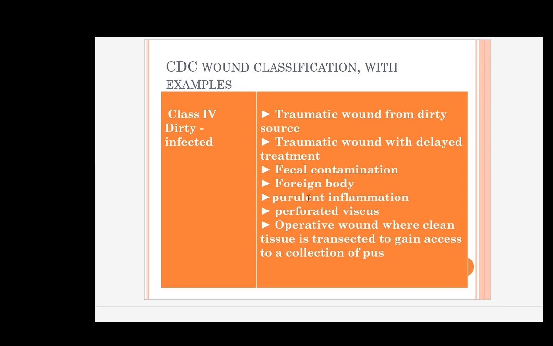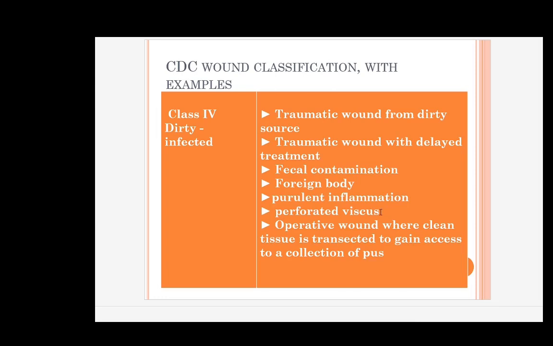In the surgical parlance, when we operate on a patient who already has fecal peritonitis, or there is a foreign body, or there is purulent infection. Purulent infection means inflammation from where pus is coming out. That is basically synonymous with infection. Or the patient has a hollow viscus perforation, like a perforation in the stomach, small bowel, duodenum, or colon.